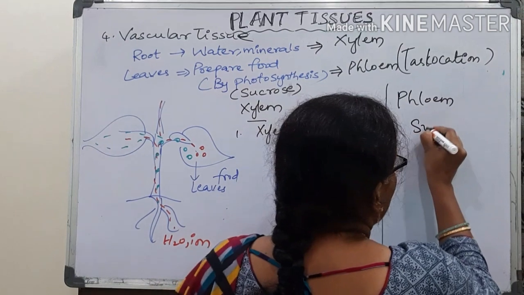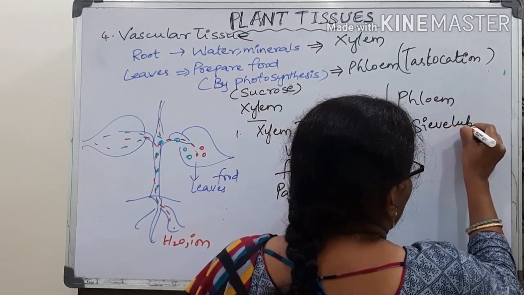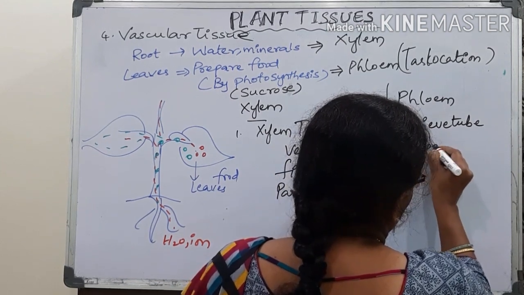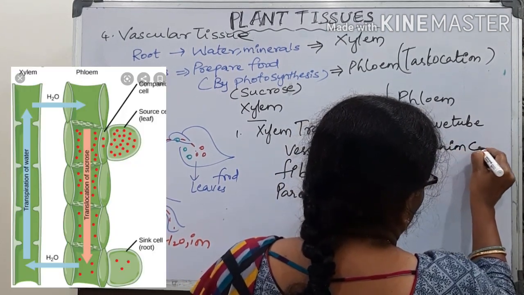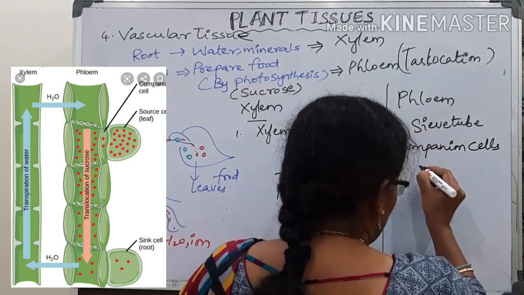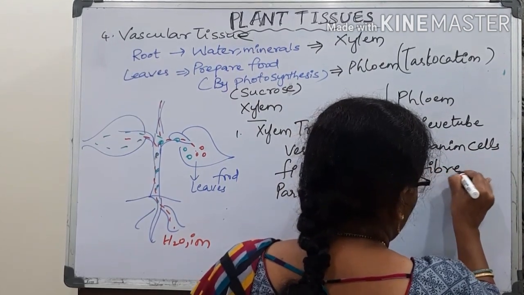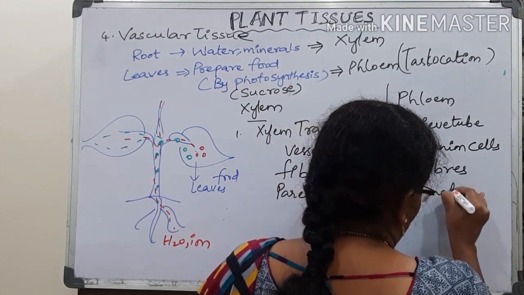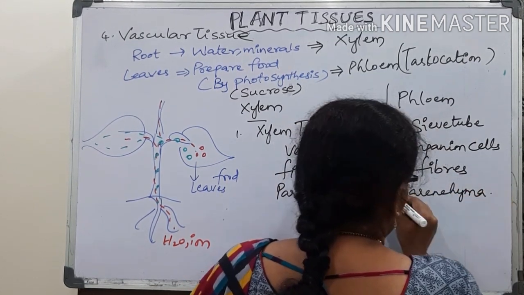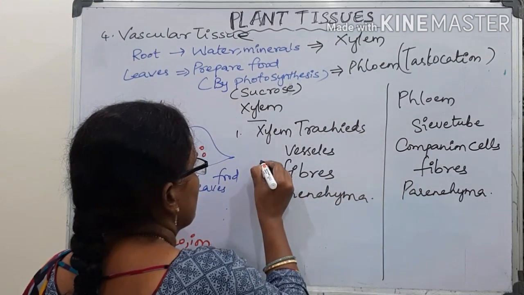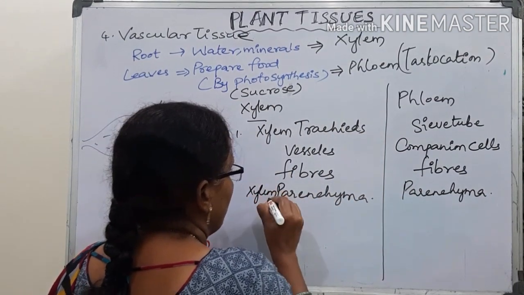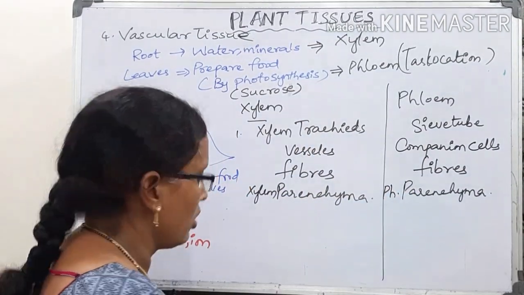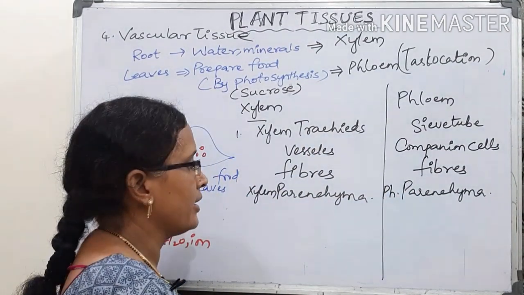In the phloem, we have sieve tubes, companion cells, fibers and parenchyma. This is phloem parenchyma, and this is xylem parenchyma. All these are the elements.